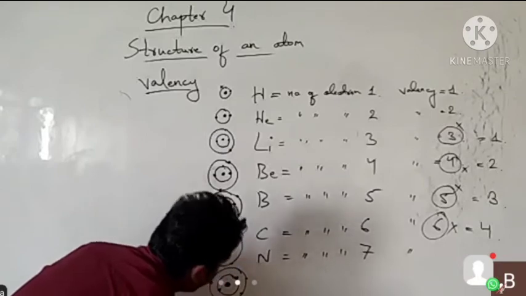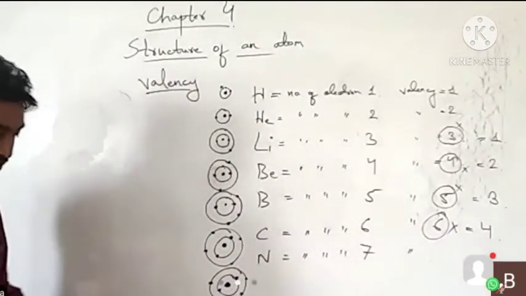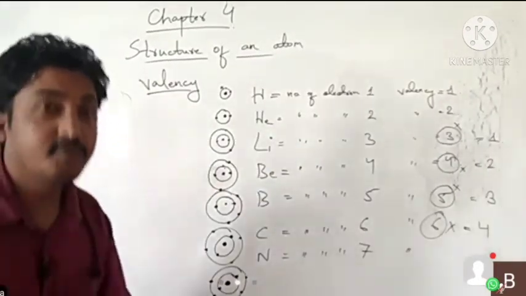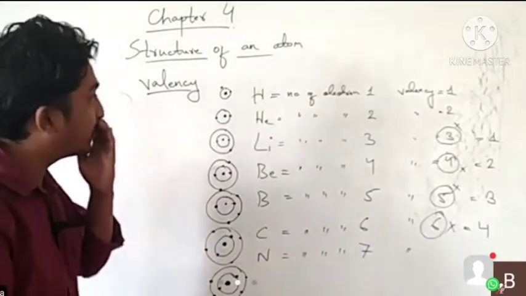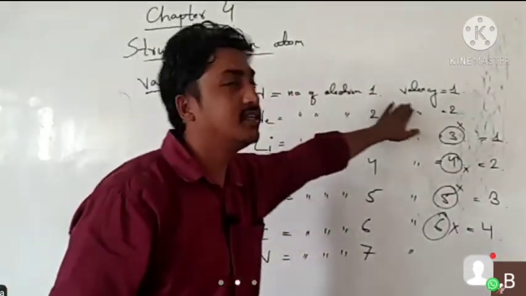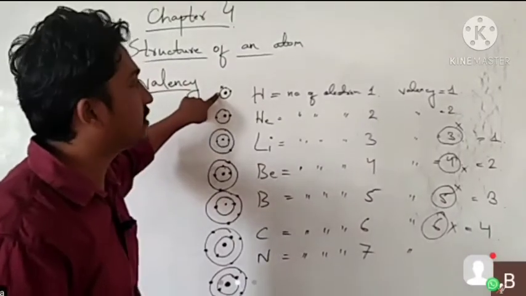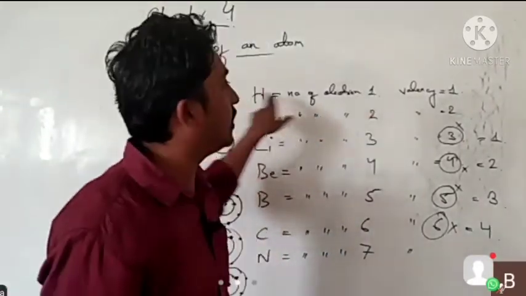Now here it will be very interesting, because for hydrogen it is very easy: in the outermost cell, that means in the K cell, only 1 electron was there, so valency was 1.